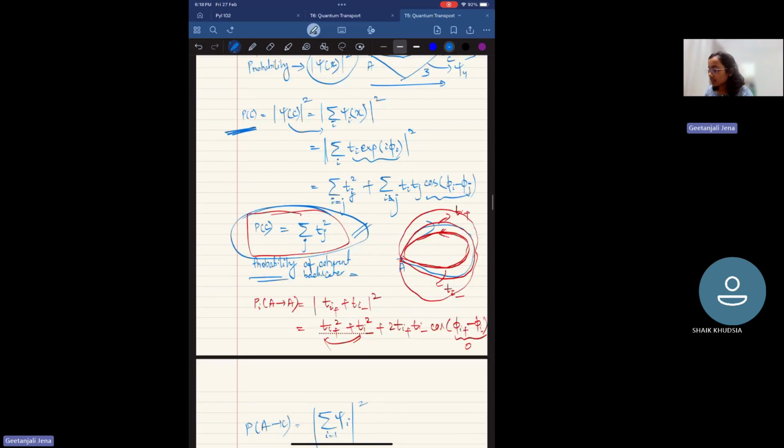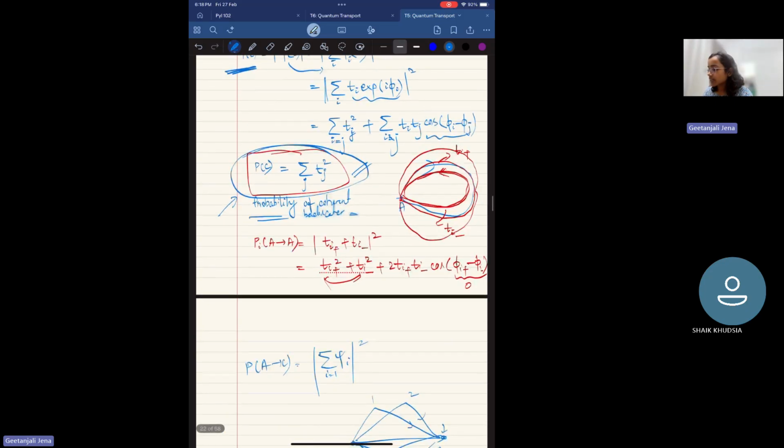Is this clear? This is the probability that the particle will be found at point C when it starts the journey from point A. Now for the return probability, we have taken the probability of getting the particle at point A when it starts from point A only.